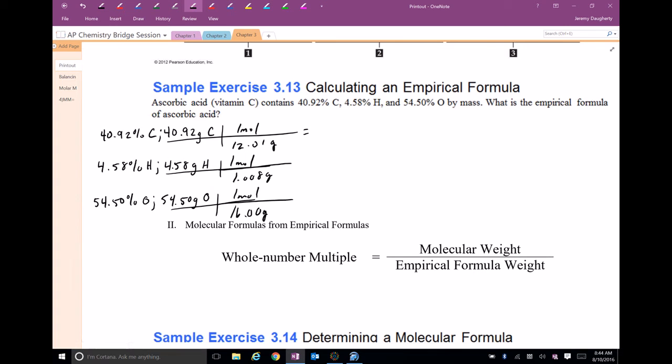So that's 3.40-ish moles of carbon, I get about 4.54 moles of hydrogen, and this is also 3.40 moles of oxygen.